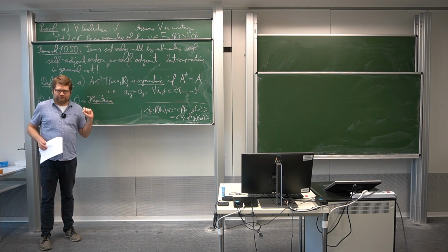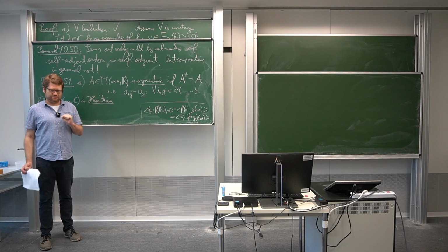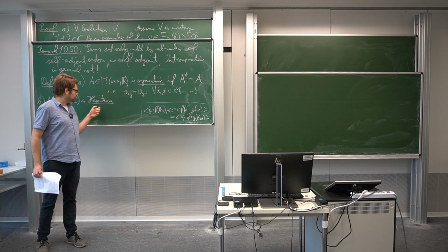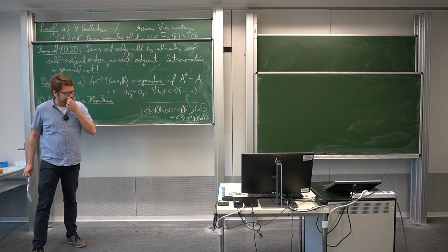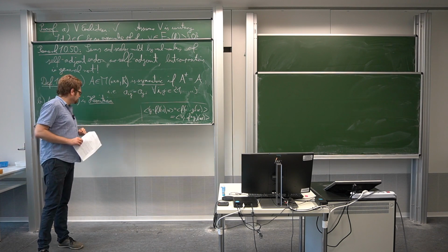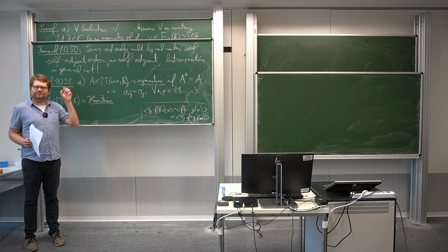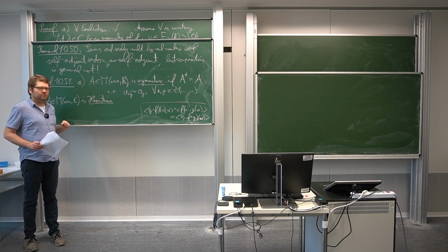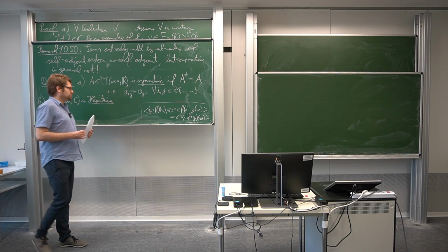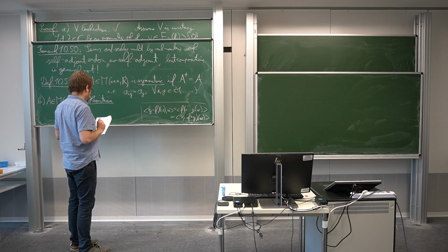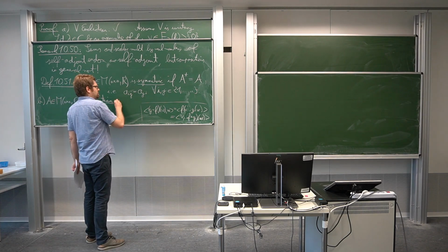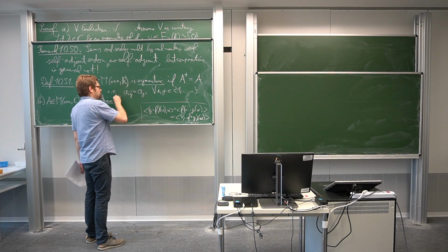It is named after a French mathematician, Charles Hermite, spelled H-E-R-M-I-T-E, in honor of this person. Hermite was actually the one who first proved this eigenvalue theorem, that eigenvalues of self-adjoint endomorphisms are real numbers. So this is why, in his honor, this is called this way. It's Hermitian, and this is the analog of the symmetric property.